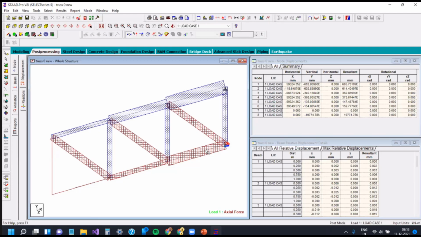Now look at the web forces. They are constant. The inclined members and the vertical member forces are constant throughout the truss. What does it say? That they follow the shear force variation. So in a simple cantilever truss, the chords take the bending moment and the shear is taken by the web. Beautiful.